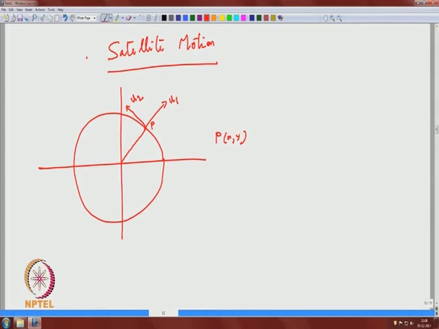In the satellite problem, in addition to modeling, you also have to study control problems. If I write down the equations, they may look like this: m x double dot is equal to f of x and m y double dot is equal to f of y.